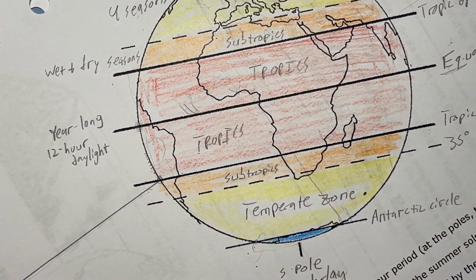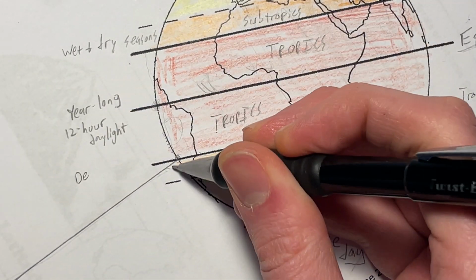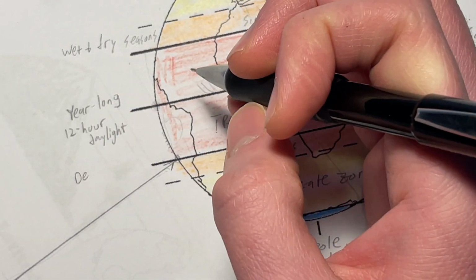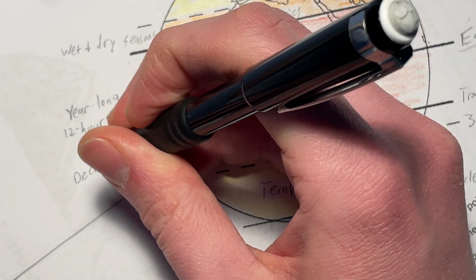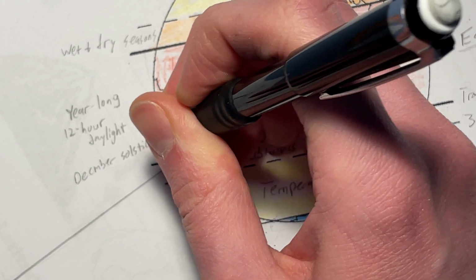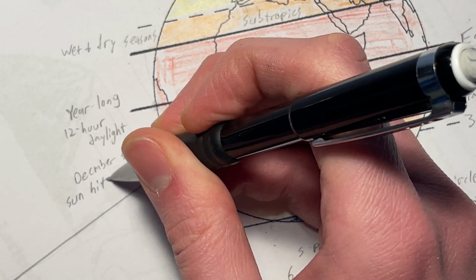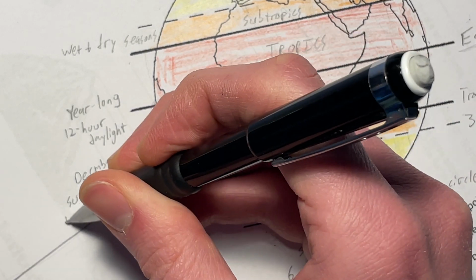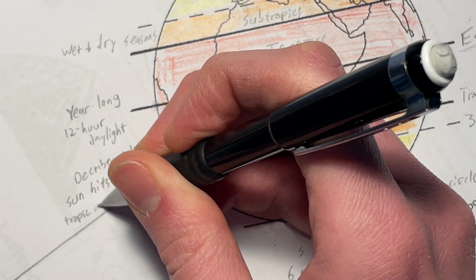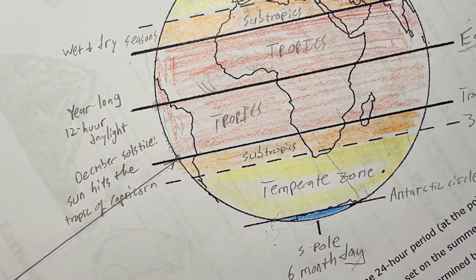It's kind of hard to remember. Sorry. All right, so right here, at this exact little place, the December solstice is when the sun hits the Tropic of Capricorn.